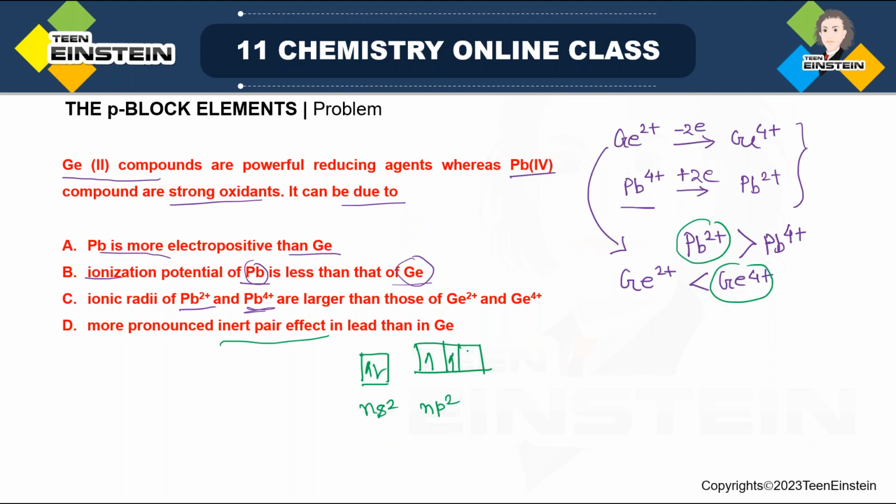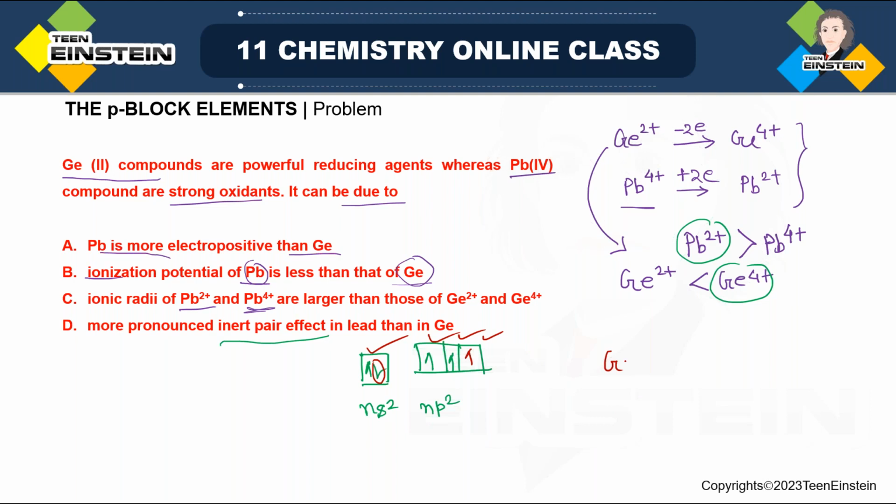Now 4+ oxidation state being stable means that this pair of electrons that you are seeing in ns2 has to be in an unpaired state. Then it will be in this position, and these 4 electrons can be removed and we will have Pb4+ or Ge4+.